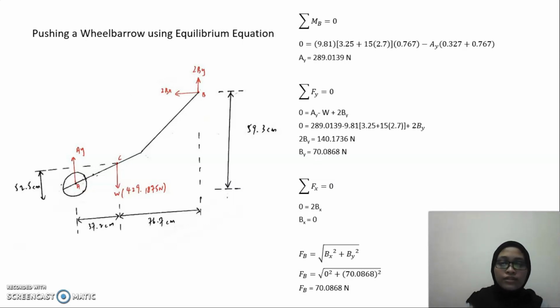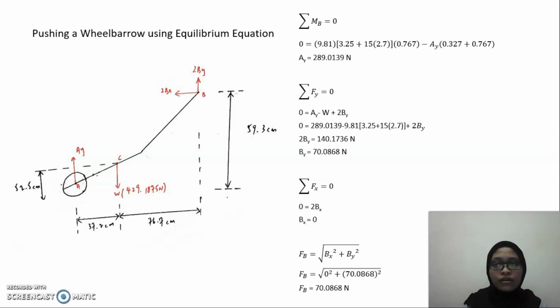So from here we can see that the moment of W is positive while the moment of Ay is negative. This is because the moment of W is acting anti-clockwise, so that's why the moment is positive, while the moment of Ay is acting clockwise, that will result in negative moments.